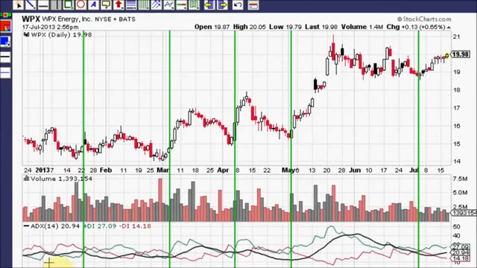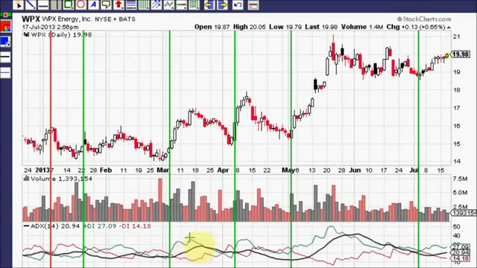Okay, the DI minus crossed down through the DI plus right here. And the stock began a downtrend right here. There was no actual signal, no crossover on this downtrend other than the DI plus started down and the DI minus started up.